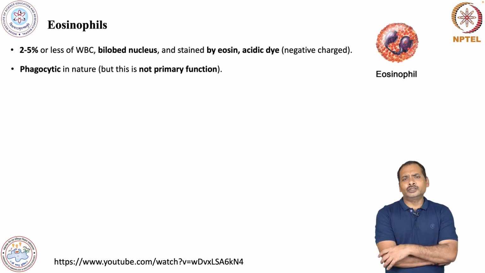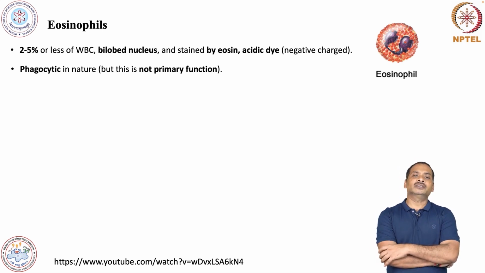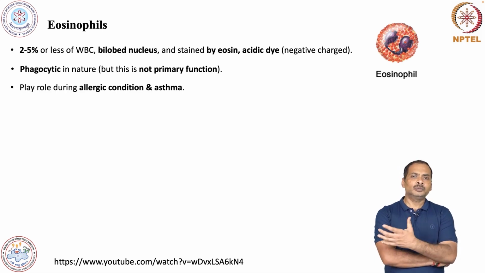They are phagocytic. As I told you in the previous session, the neutrophil is the main phagocyte. Eosinophils also have some phagocytic activity, but they are not so strongly phagocytic. It is not their primary function.